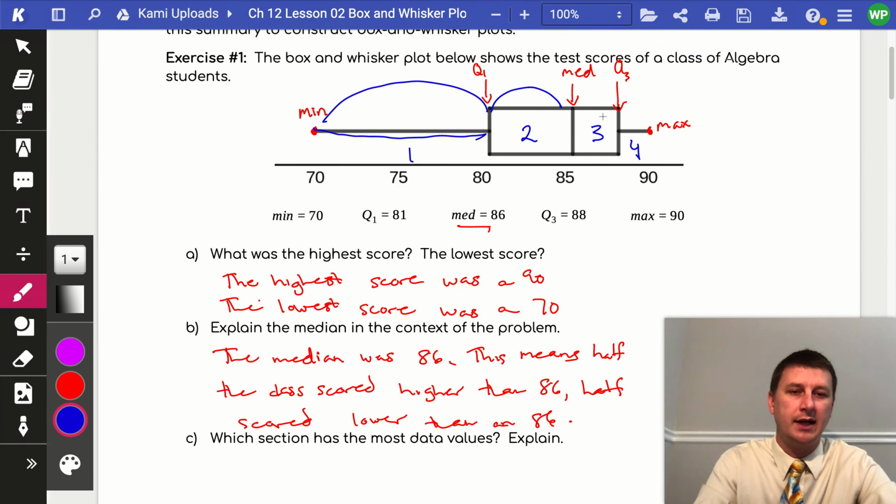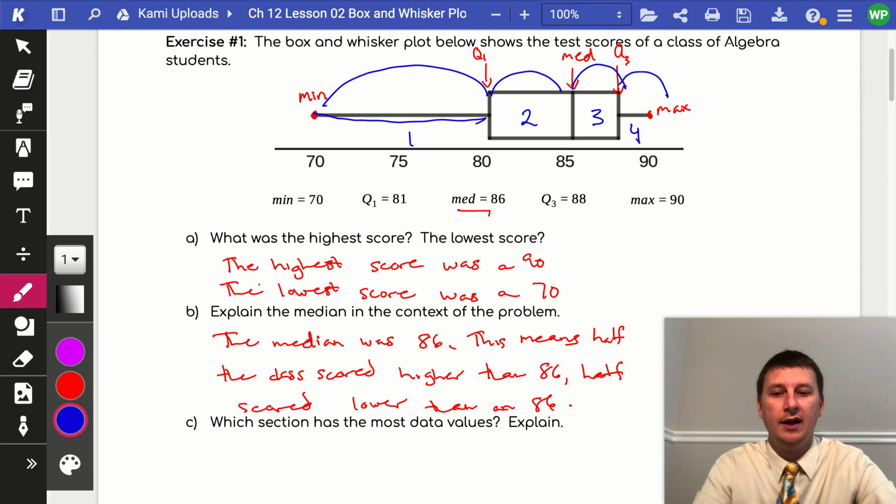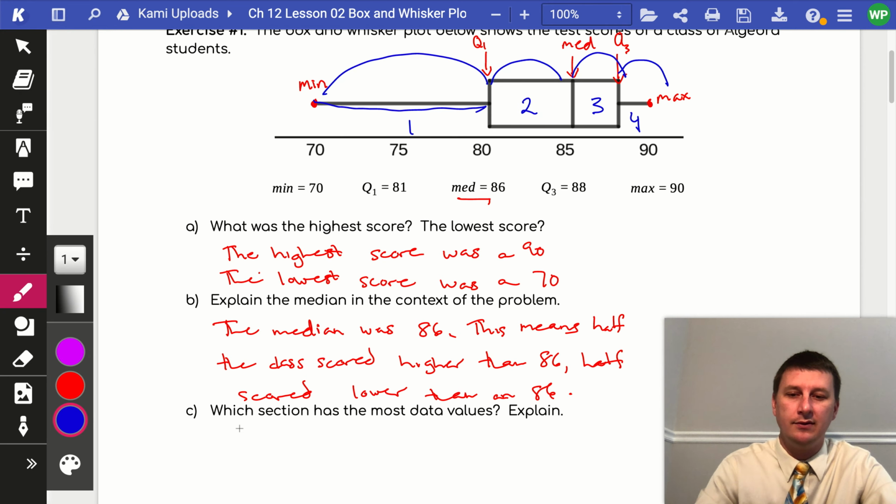And the third quartile cuts the top half in half, so there's equal numbers there and there. So there's actually equal numbers of data points in all 4 of these sections. This section is longer than the others because these data values are more spread out. But there's not more of them, they're just more spread out. And it says which section has the most data values. They all have the same.